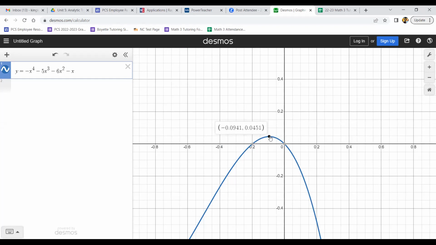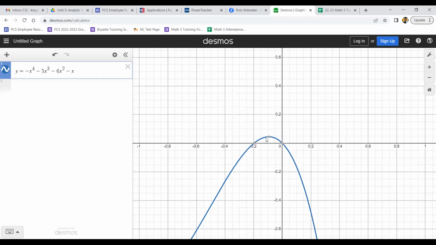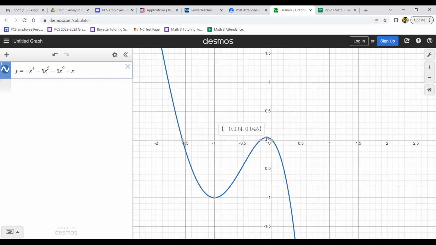That's the shorter mountaintop. Ooh, I zoomed in a lot. I got 4 decimal places instead of 3. Let me zoom out a little bit. There we go. -0.094. All right. So I've got all my x values labeled now.